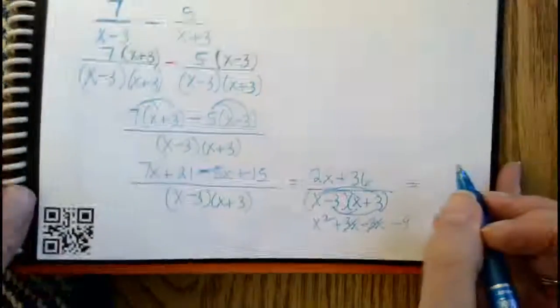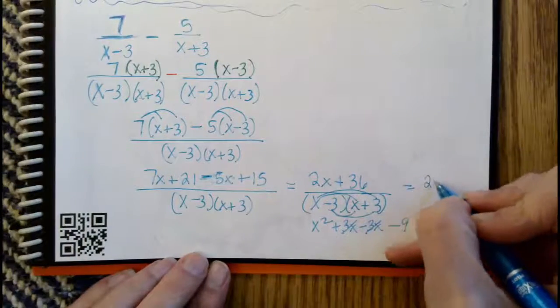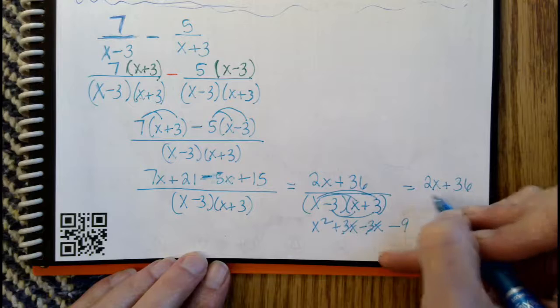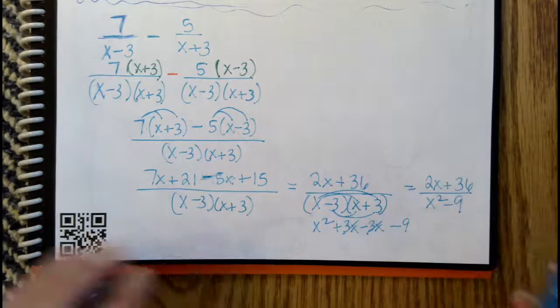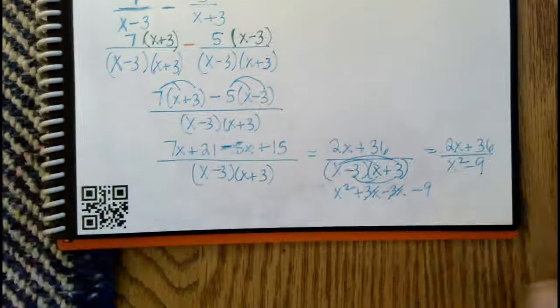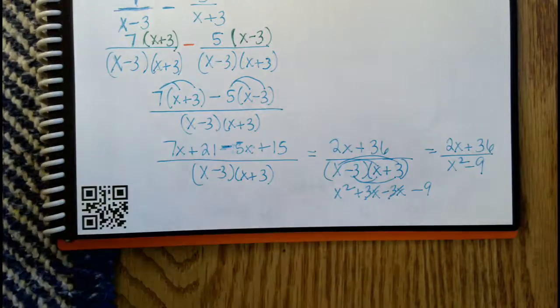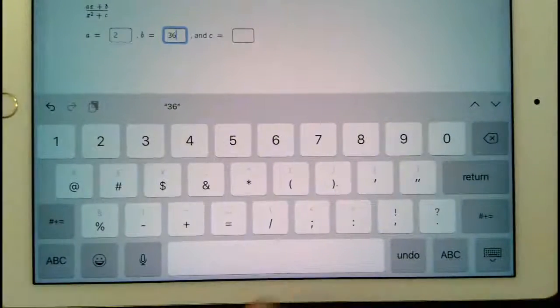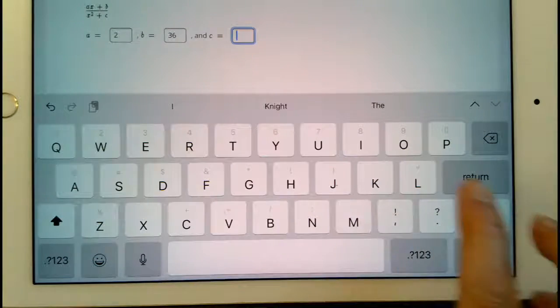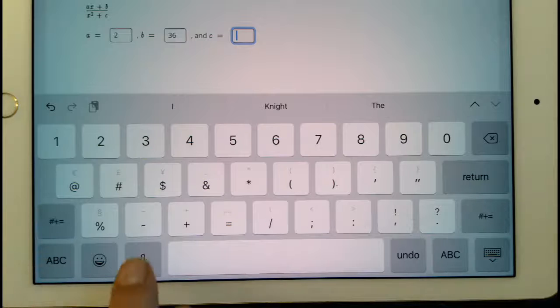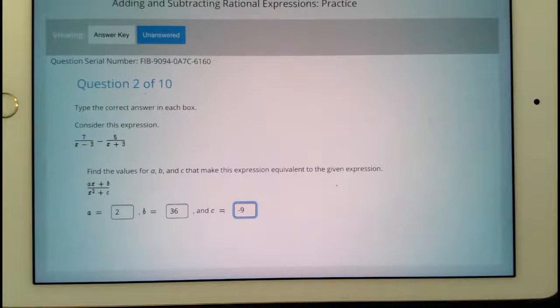So in Edmentum form, we get 2x plus 36 over x squared minus 9. And that allows us to fill in our last answer back on Edmentum, which means that c is negative 9. And there's our answers.